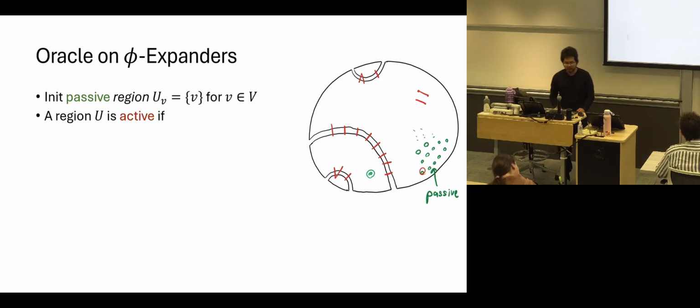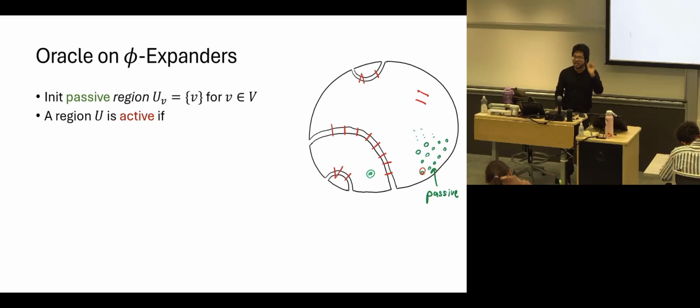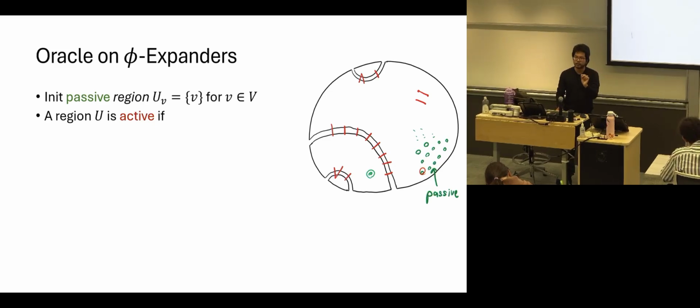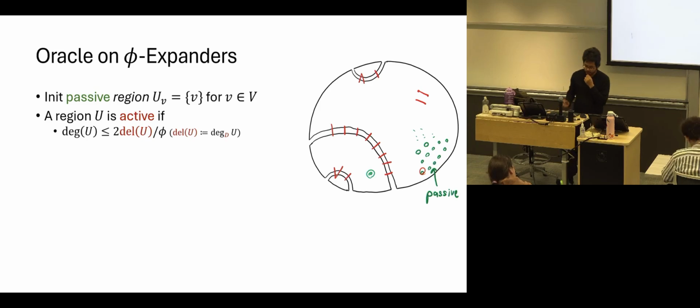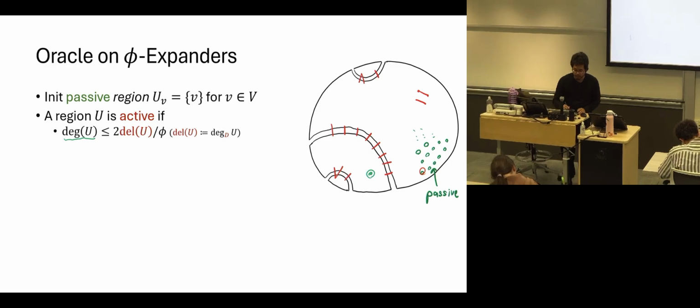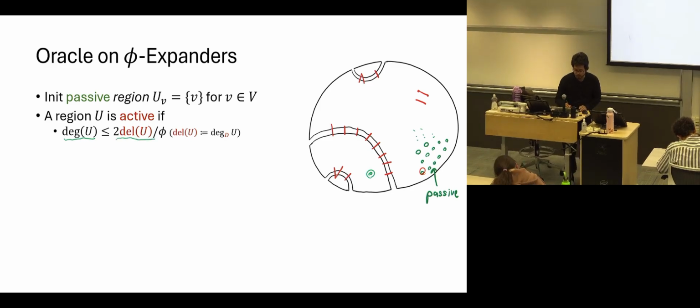Initially they are all passive, but some region I will declare to be active if the following is true: if the degree of the region is small compared to the deleted degree of U of the region.